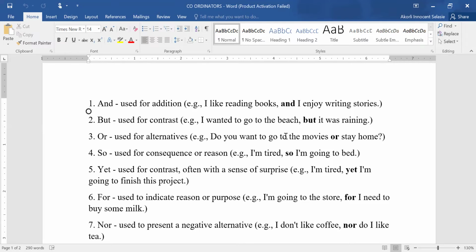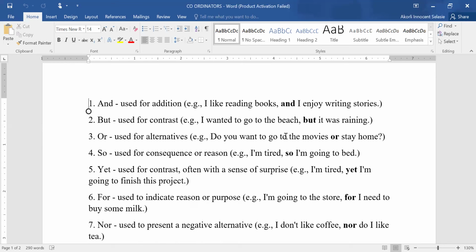I like reading books and I enjoy. I wanted to go to the beach, but it was raining. Do you want to go to the movies or stay home? I'm tired, so I am going. I am is a verb. I'm tired, so I am going to bed. I'm tired, yet I am going to finish.